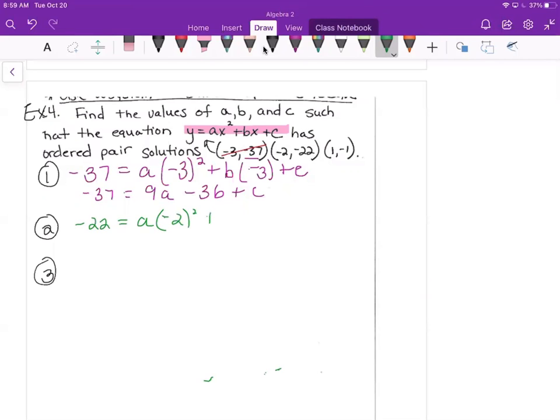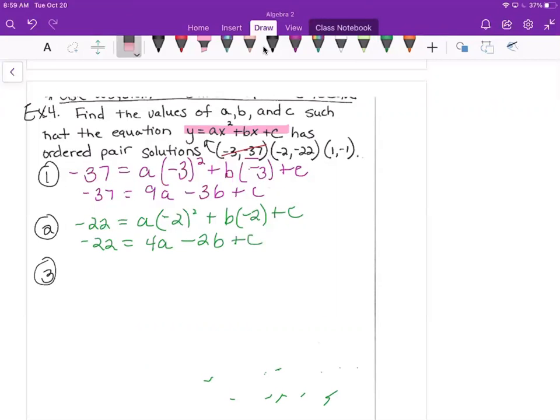And again, I'm just replacing -2 in for x, and I'm replacing -22 in for y. And then I simplify, always using order of operations. -2 squared, -2 times -2 is a +4. -2 times b is -2b.